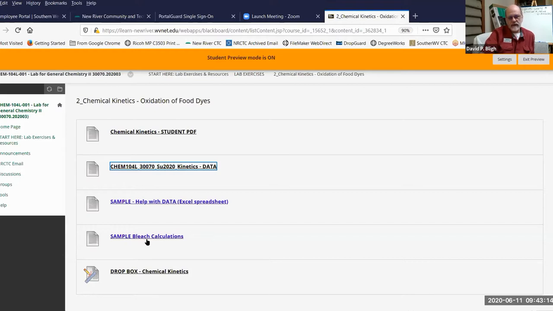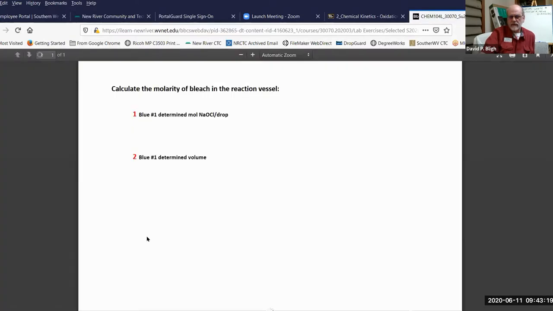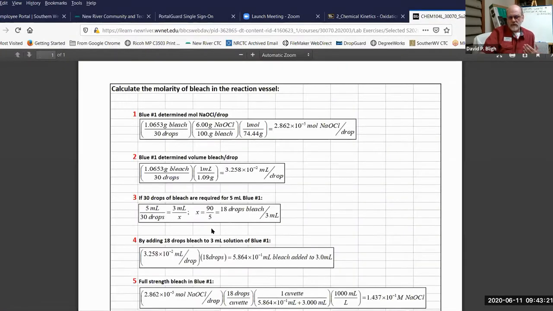Then here's a document for bleach calculations. You're going to need to determine the actual molar concentration of sodium hypochlorite, which is the active ingredient of bleach. You need to determine the actual concentration of sodium hypochlorite in the reaction vessel for the full strength, and then of course just take half of it for the second experiment.